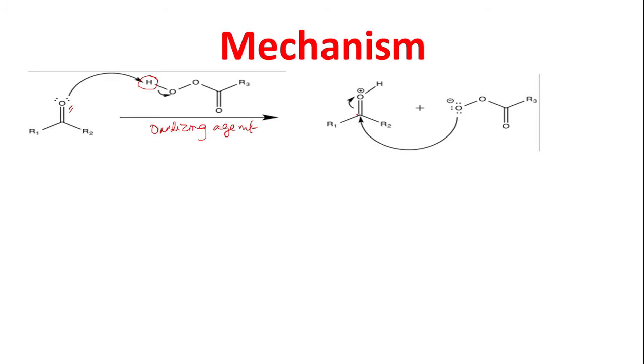After forming this electron-deficient oxygen, this carbon will become electron deficient because oxygen is electronegative, and an electronegative atom containing a positive charge is highly electron deficient, and therefore this will abstract the electron towards the oxygen.